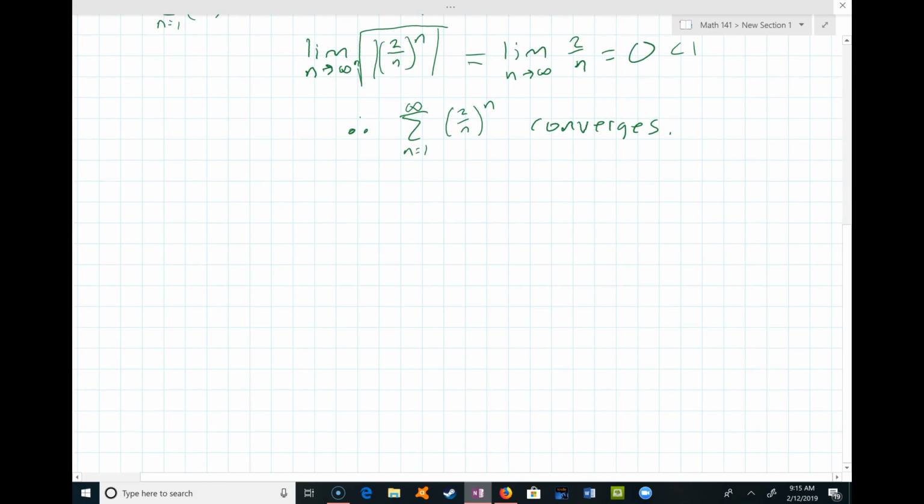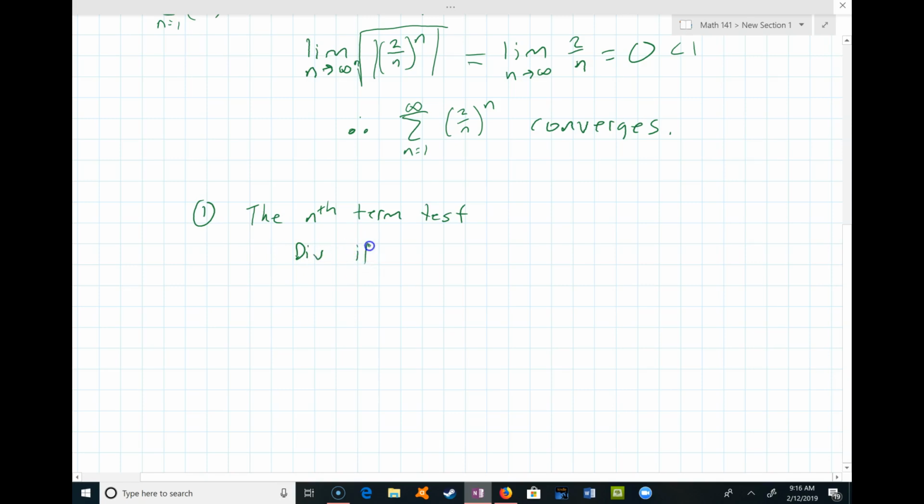In general, if you're looking at a big pile of infinite series you're trying to test for convergence or divergence, the first thing I always do, my number one task, is to do the nth term test. And that, of course, remember, only tells you that it's divergent. You can never prove convergence with this.